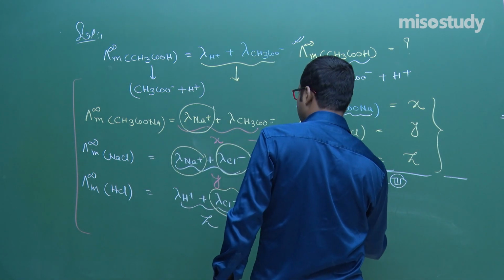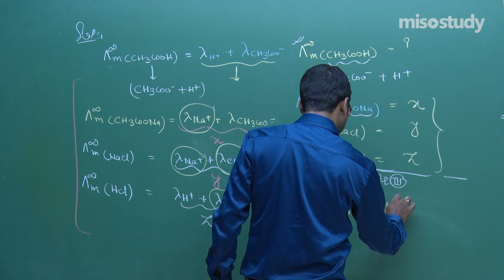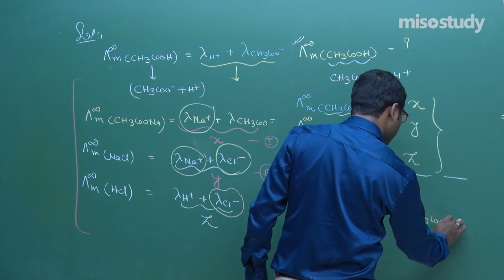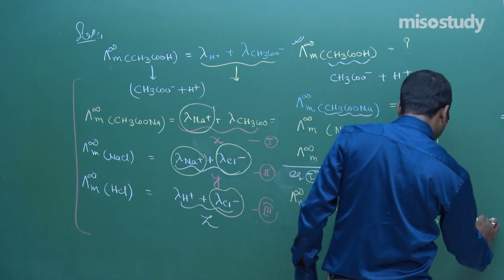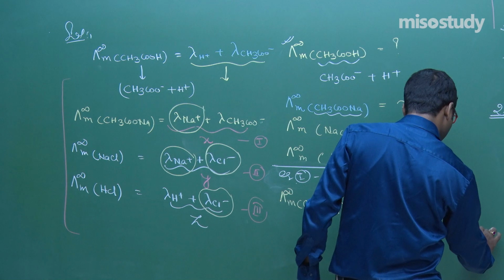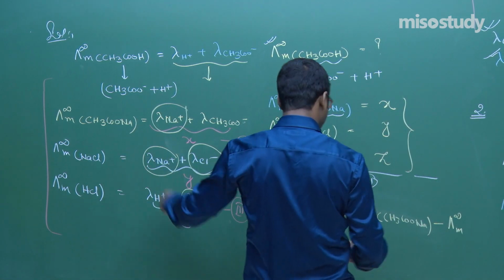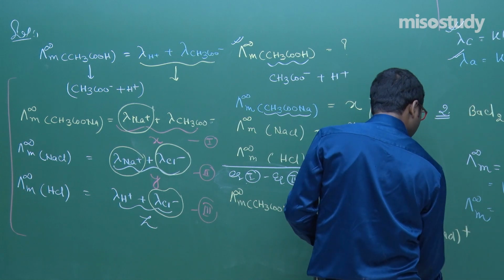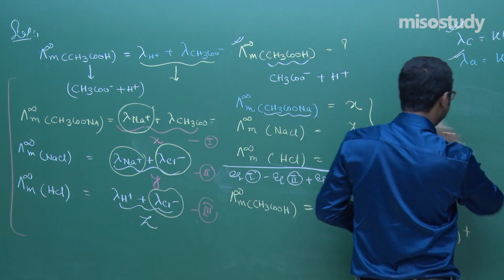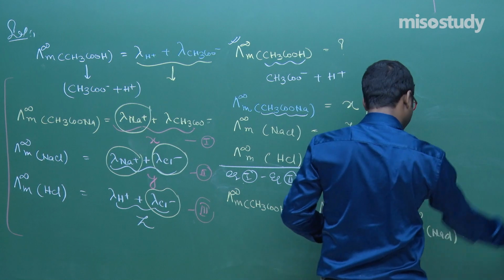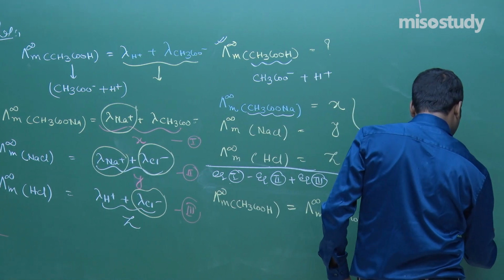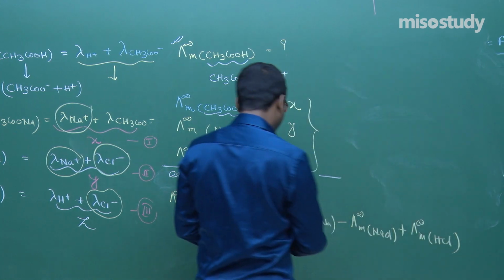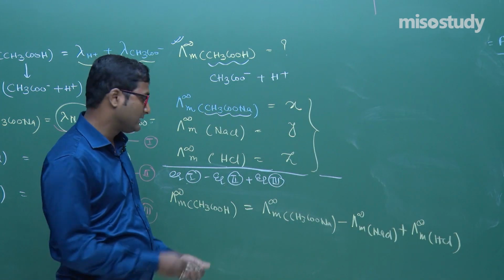We can easily get it by using the molar conductivity of CH3COONa, minus the molar conductivity of NaCl, plus the molar conductivity at infinite dilution of HCl, from equations 1, 2 and 3. If I do this, then you will definitely get the answer.